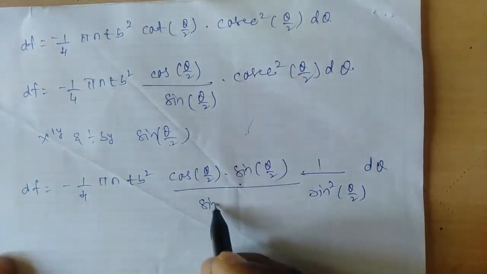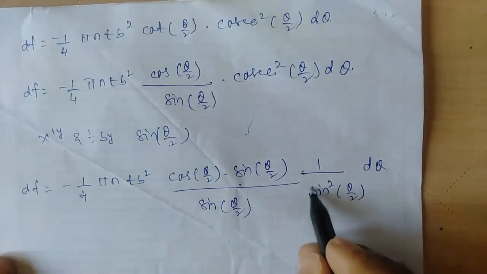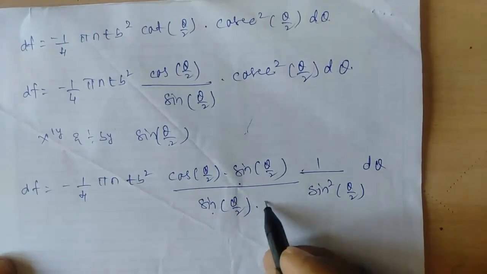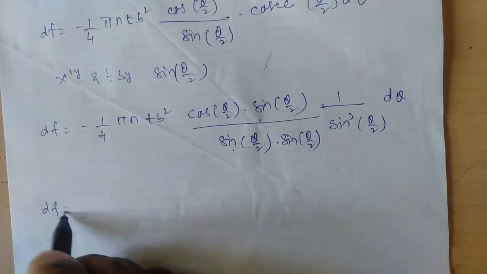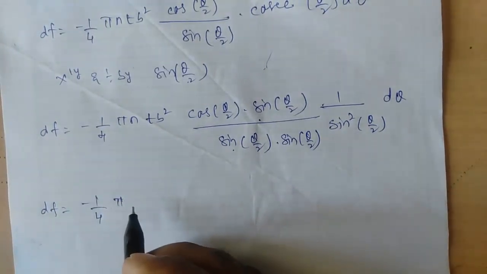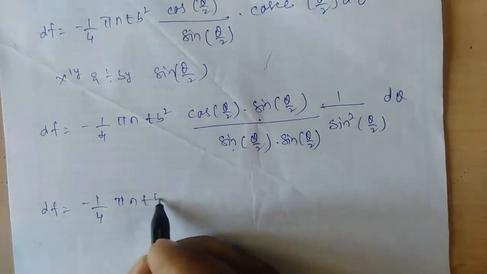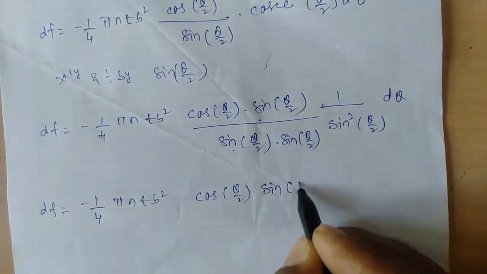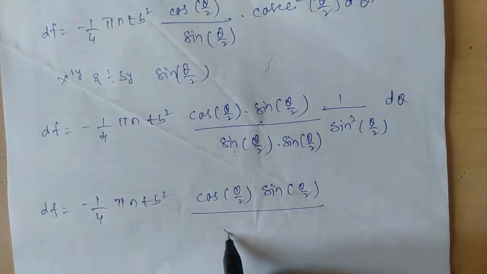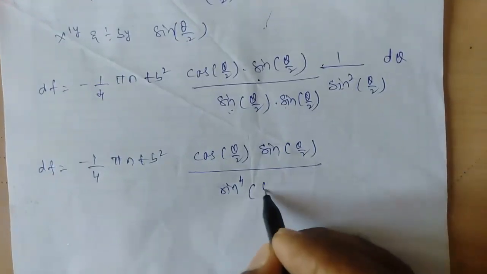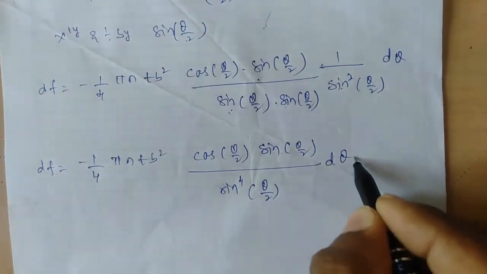Here we have this sin theta by 2, again multiplied by sin theta by 2, so in the denominator we get sin to the power of 4 of theta by 2. So this can be written as cos of theta by 2 into sin of theta by 2, the whole divided by sin to the power of 4 of theta by 2, into d theta.